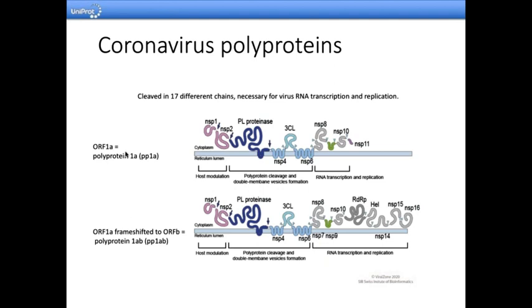These include 2 viral cysteine proteases, a papain-like and a chymotrypsin-like protease, also known as the 3C-like or main protease, an RNA-dependent RNA polymerase, NSP13 helicase, and other proteins which are likely to be involved in the transcription and replication of the virus itself.